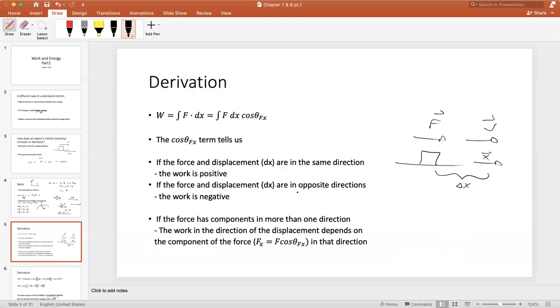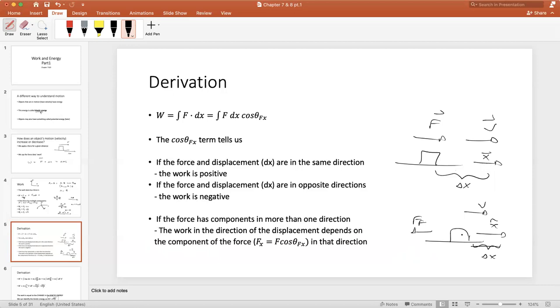If the force is opposite, so let's say there's something like friction that I know the force of, and I'm applying that, this is important, I'm applying that force of friction while it slides the distance to the right of delta x, and its velocity in general is to the right.